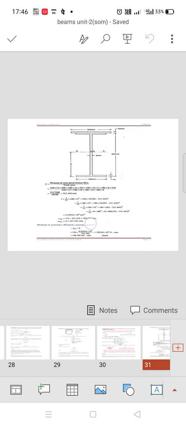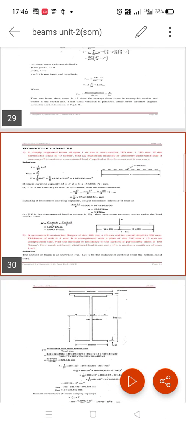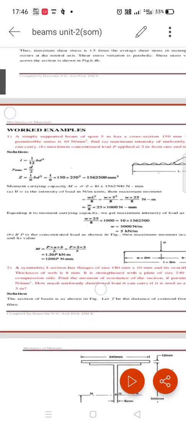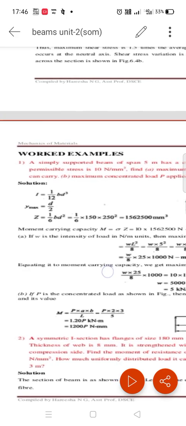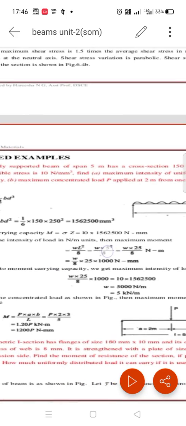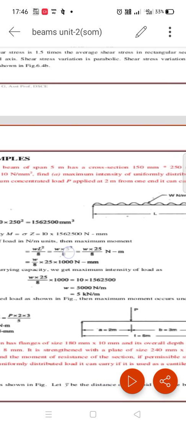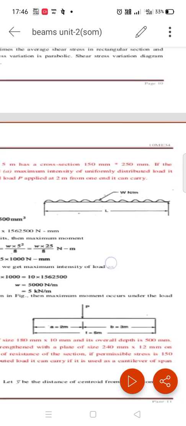Okay, going to the very first problem. This is a worked example. A simply supported beam of span 5 meter length has a cross section of 150 mm into 250 mm.